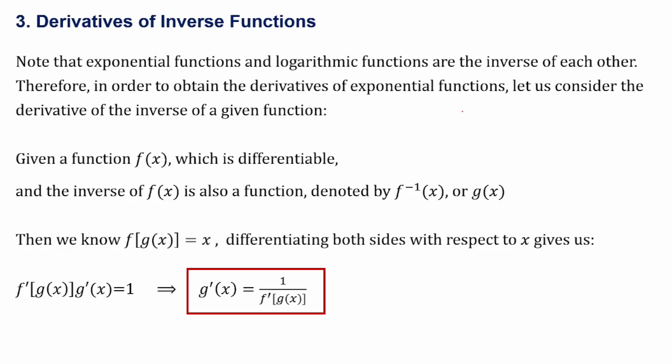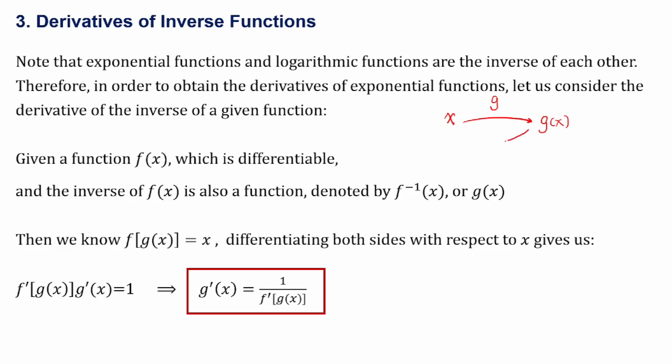So why is that? Because first, let's consider this relationship. Suppose we have a point x and there's the effect of g. g maps x to g(x), right? Because f is the inverse of g, or g is the inverse of f. So their effects are inverse of each other, right?